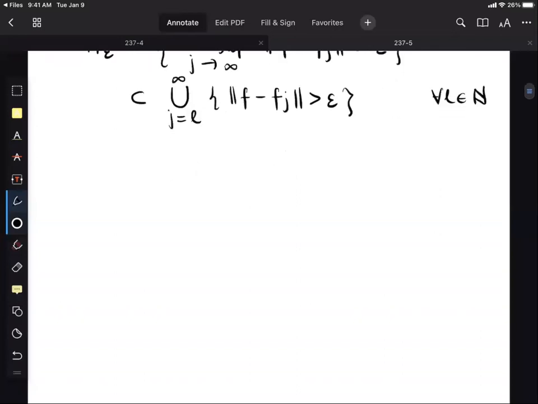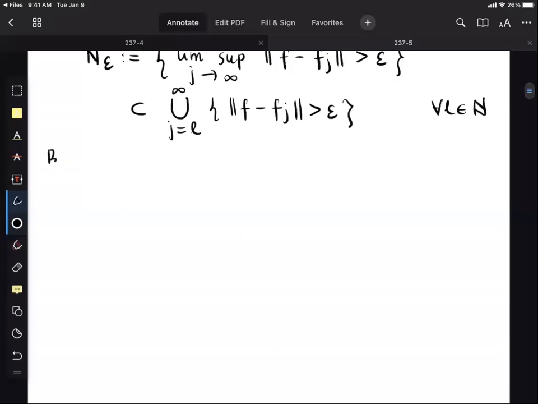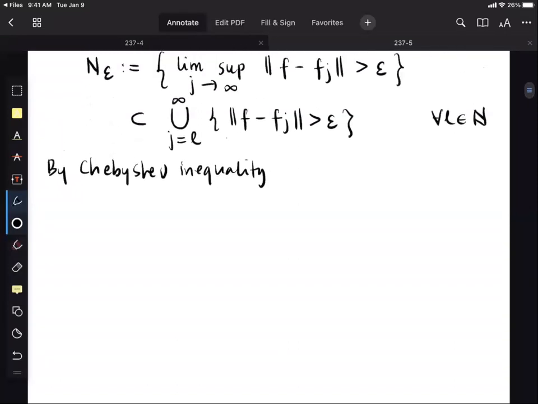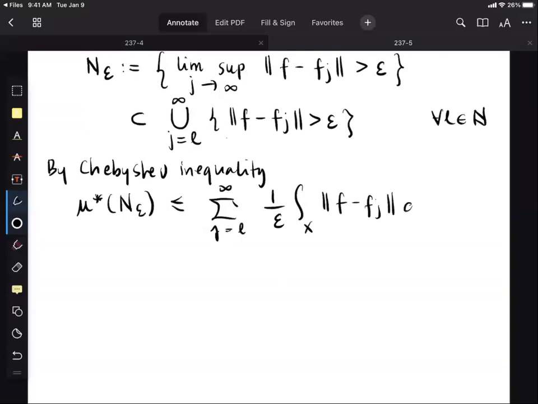Now, thanks to the Chebyshev inequality applied to this set here, since f minus f sub j is also Lebesgue-Bochner integrable, the outer measure of N sub epsilon would be less than or equal to the sum, j from L to infinity, of 1 over epsilon times the integral of the norm of the difference d mu.